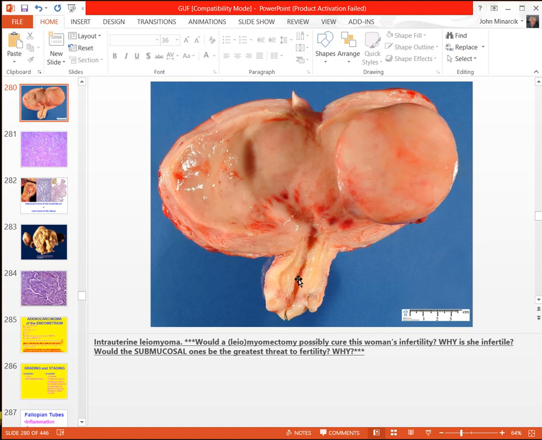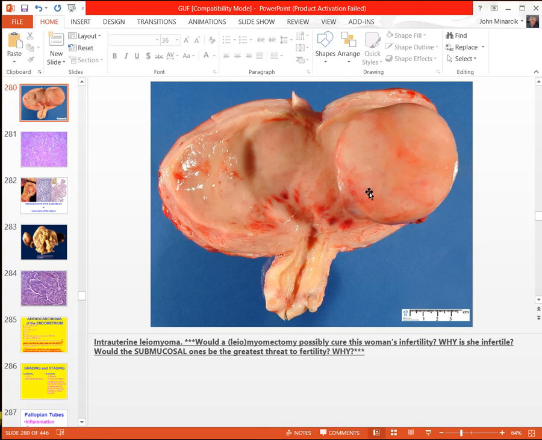Here's a leiomyoma inside of a uterus. It's very logical. It could be underneath the serosa, it could be within the myometrium, or it could be what they call submucosal, which means in close proximity and even invaginating the endometrium. Well, it's the submucosal ones that are more likely to interfere with pregnancy.